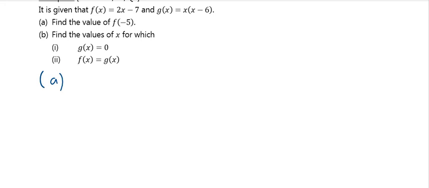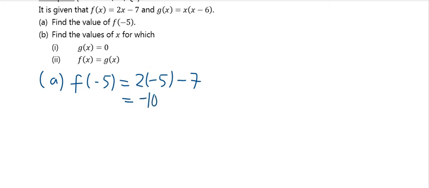So basically you just have to put negative 5 replacing x in the function of f(x). So here 2 times negative 5 minus 7. So you have negative 10 minus 7. Therefore, f(-5) will be negative 17. That's the first part.